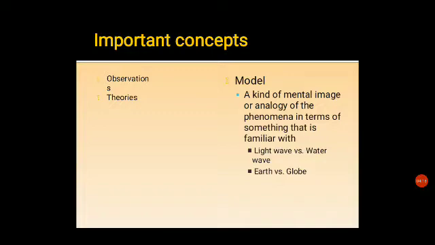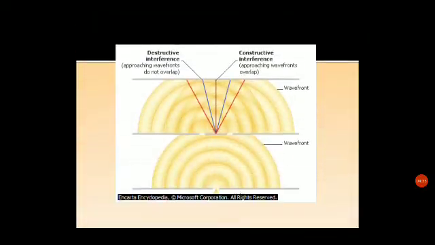The behavior of waves in water can be likened to the behavior of light waves. It is quite sinusoidal. Then the model of Earth is the globe. So it is a mental image. Next is this one. This is what I'm talking about. Water wave.